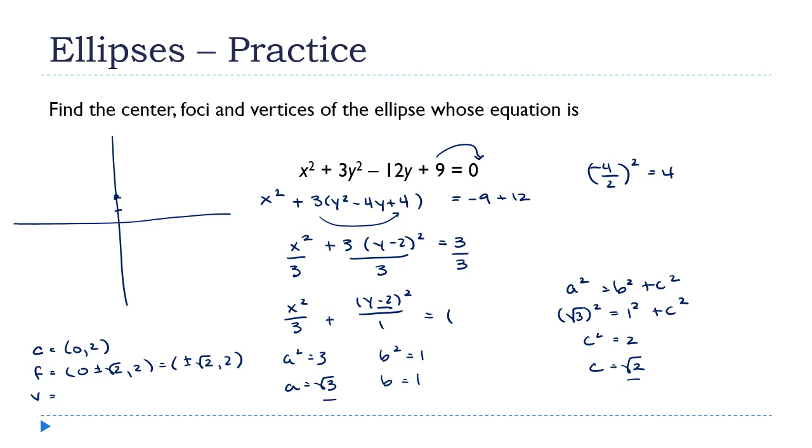So the vertices will be 0 plus or minus the square root of 3, comma 2. And that is a little further. You can confirm that with your calculator. Square root of 2 is 1.4, square root of 3 is 1.7, give or take. Those are rounded. And that's what I was asked for: the center, the foci, the focal points, and the vertices.